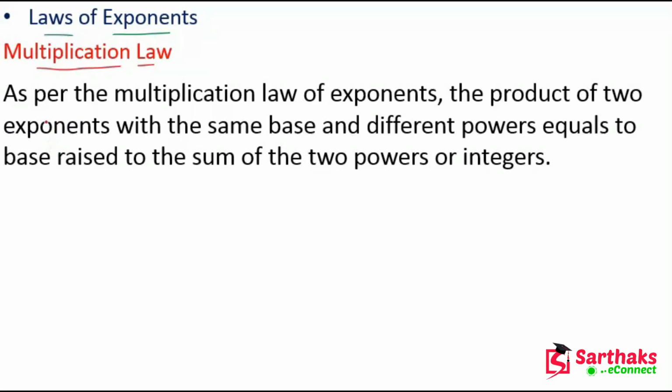As per the multiplication law of exponents, the product of two exponents with the same base and different powers is equal to the base raised to the sum of the two powers or integers.